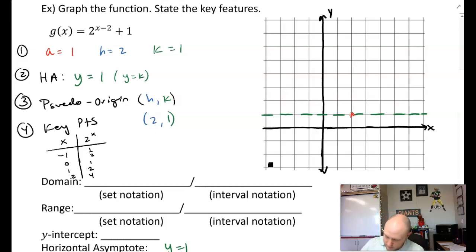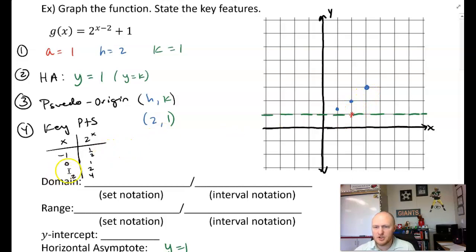So from this point, from my pseudo origin right here, I'm just going to graph these. So I'm going to go left 1, up 1/2. I'm going to go back to my pseudo origin, and I'm going to go 0, 1. Okay, I'm going to go right 1, up 2.